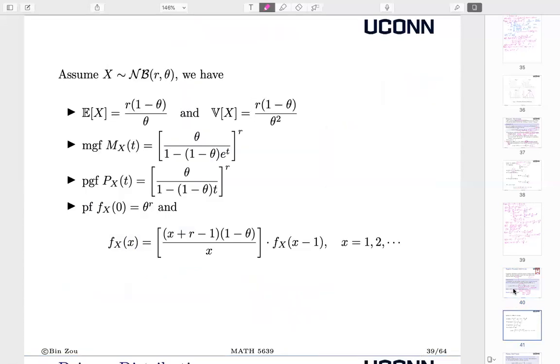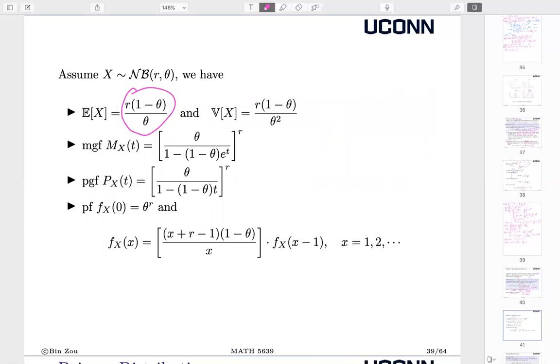Here, the first result is rather straightforward. We know the number of failures we need to wait for the first success has expectation 1 minus theta divided by theta. Now we are waiting for r success events. What would you guess? It's simply multiplied by r, because everything is homogeneous.